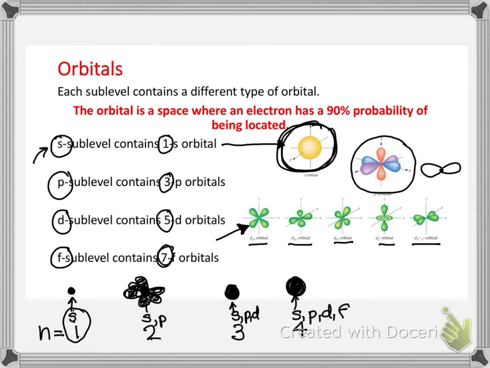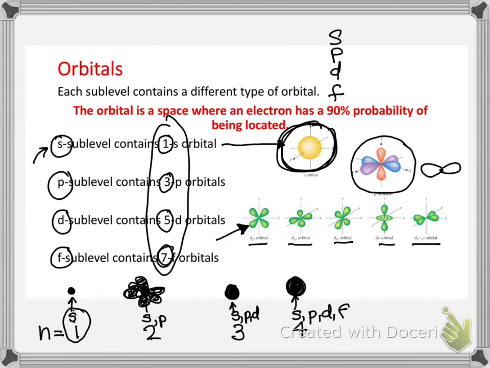Now, those sublevels have a space in them called the orbital, and they have the same letter. So if you're in an S sublevel, you have S orbitals. If you're in a P sublevel, you have P orbitals. Now, I wish they each only had 1, but they don't. But for me, what helped me is it's an odd number.